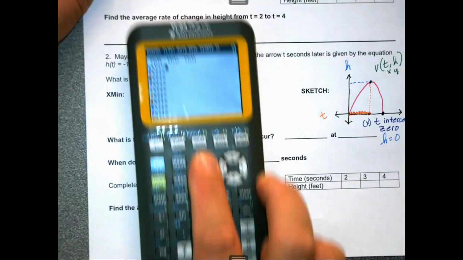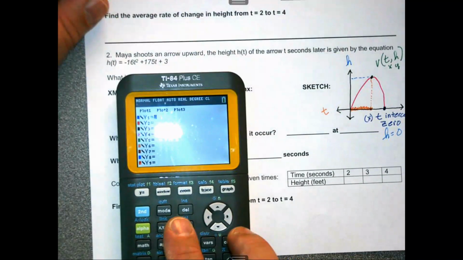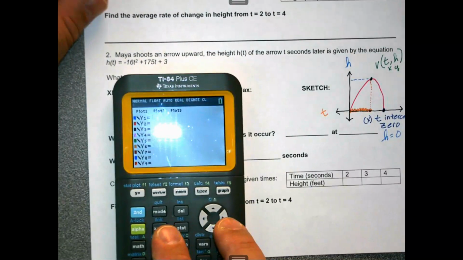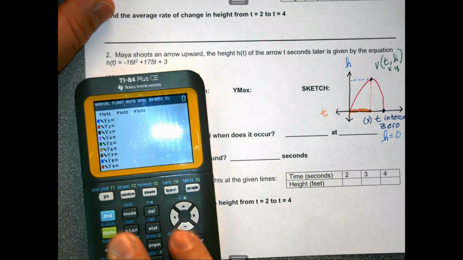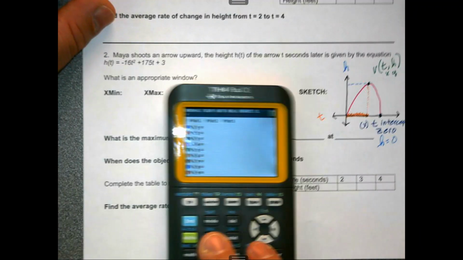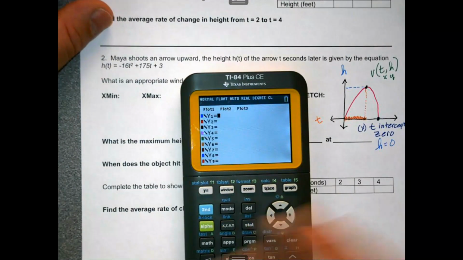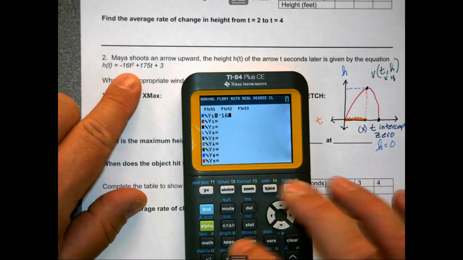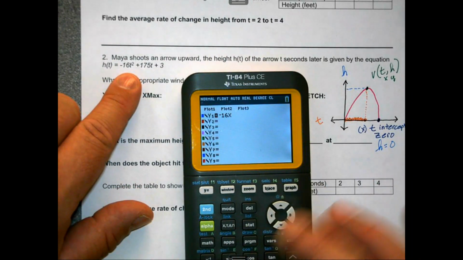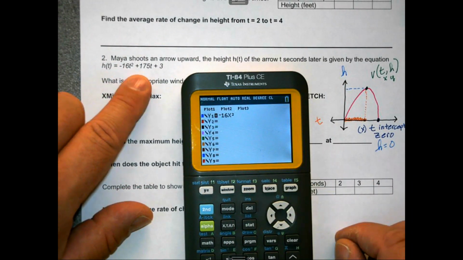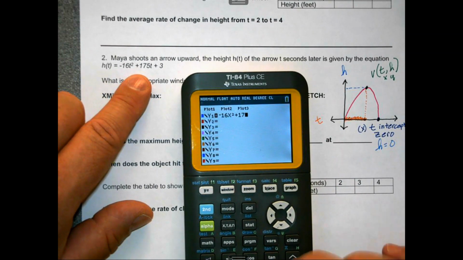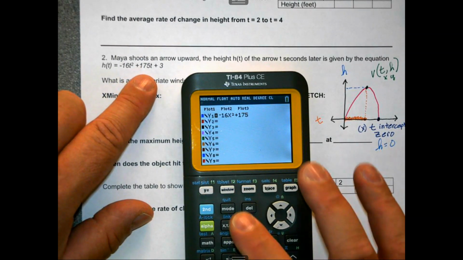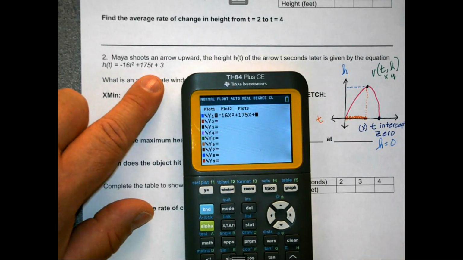Okay, for this one, we've got, did I miss your hand? I'm sorry. Put your equation in there. -16 x squared plus 175 x plus 3.